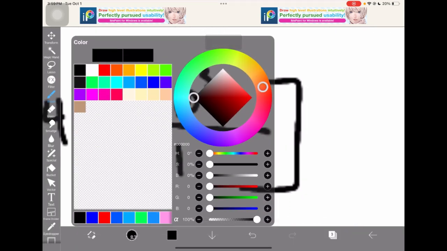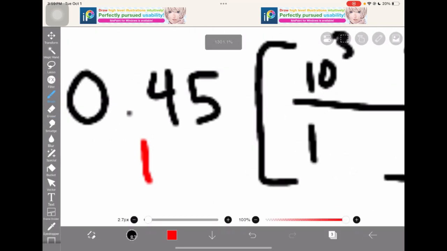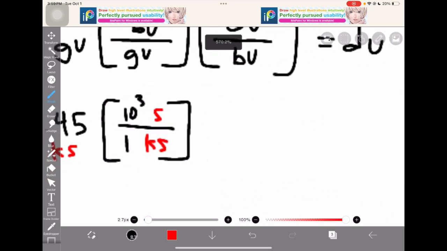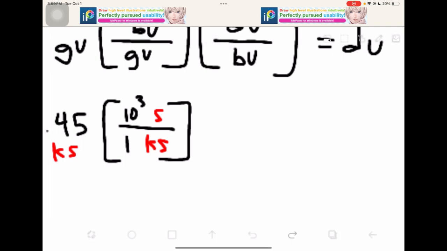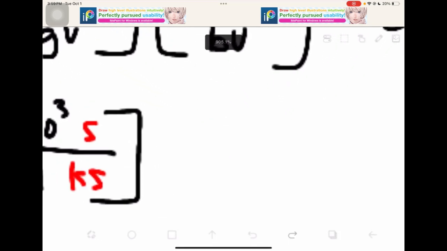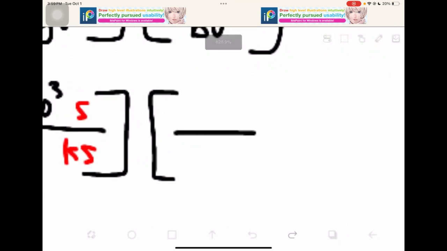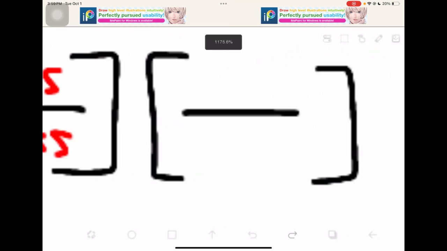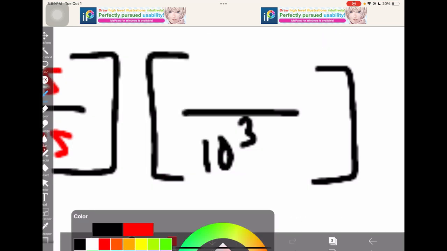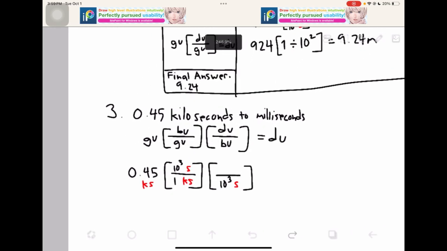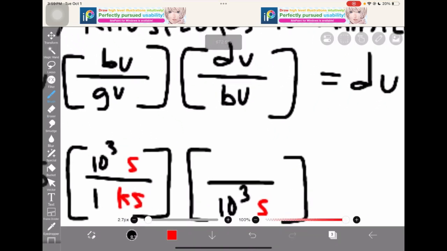So I'm just going to say it in red text. And then we're not done yet. We need to now convert the base unit into the even smaller millisecond unit, which is below the base unit. So once again, we can just copy the 10 to the power 3 here, seconds. And then how many milliseconds? So that's just 1 millisecond here, right?